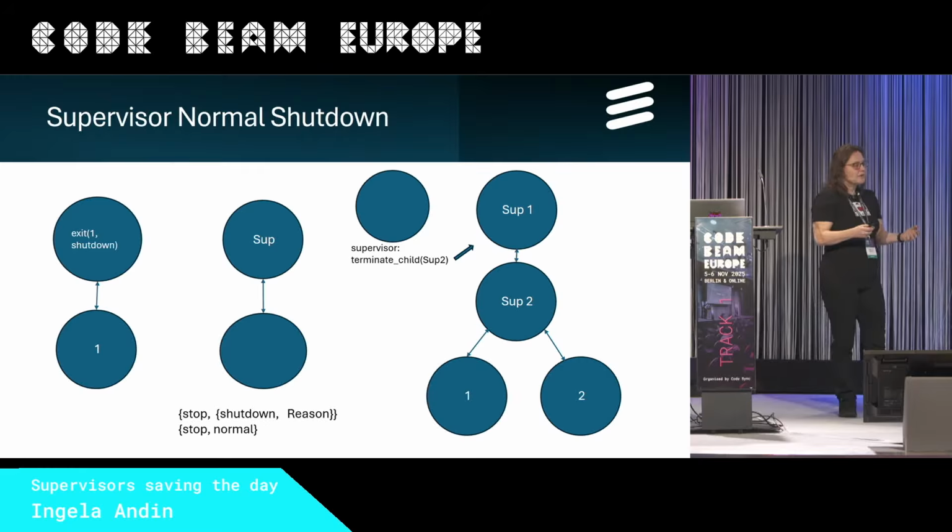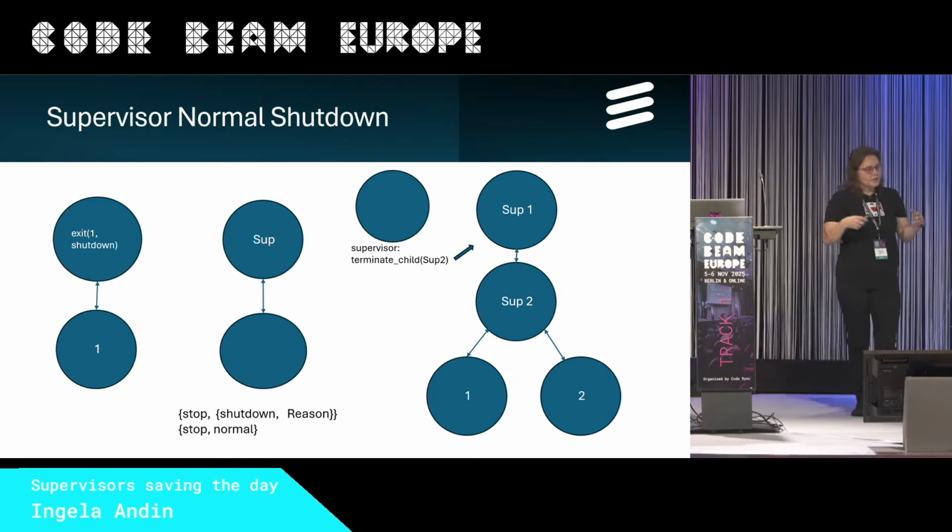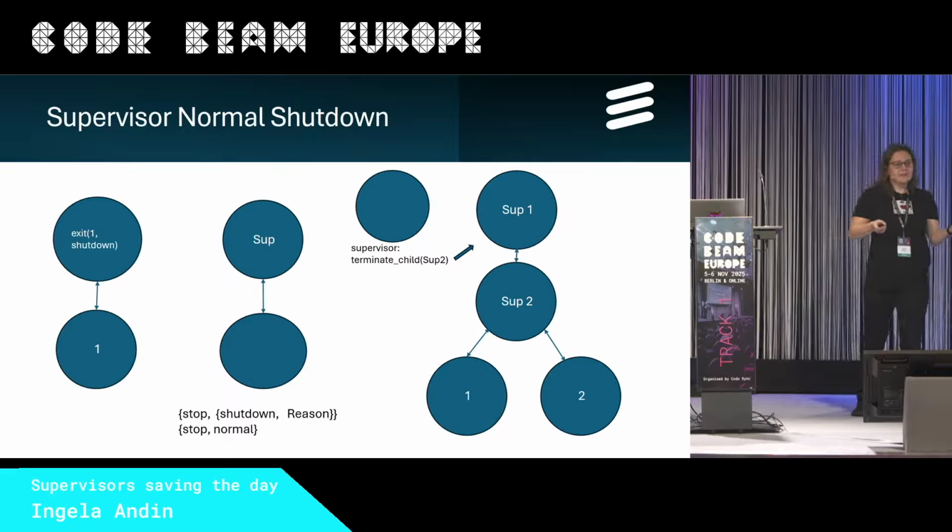That will also be viewed as a normal termination. So you can have a graceful termination, but still have maybe a trace of why it was terminated, because there might be several ways that you gracefully want to terminate.